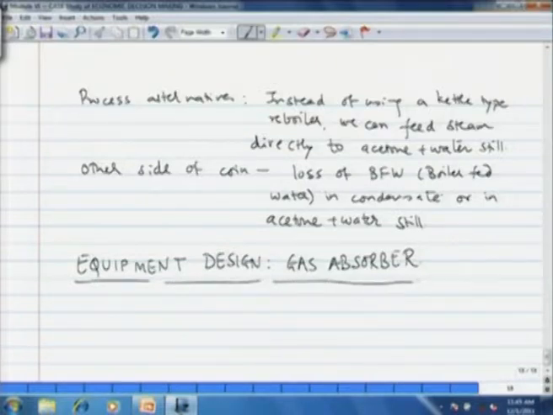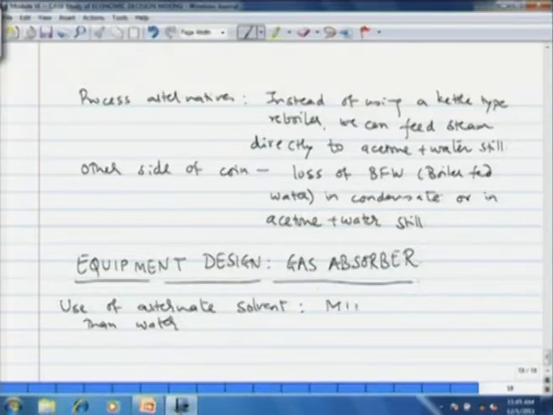Like in the previous lecture, we talked of using an alternate solvent than water. We can use some organic solvent. Let us say we try to use MIBK, that is methyl isobutyl ketone, as an alternate solvent.